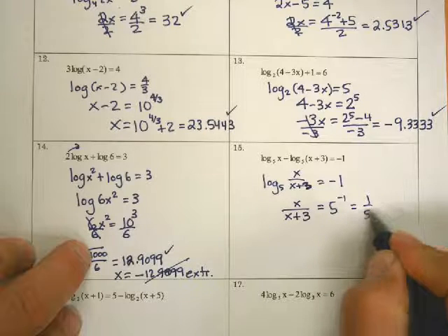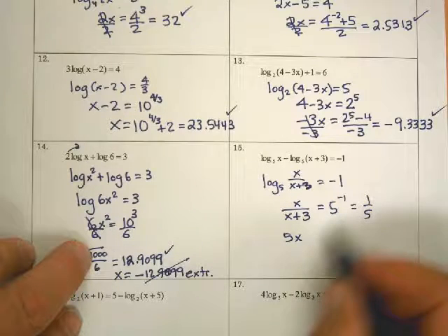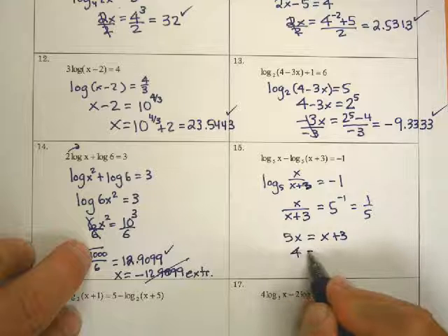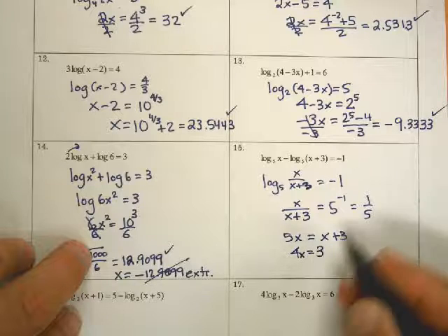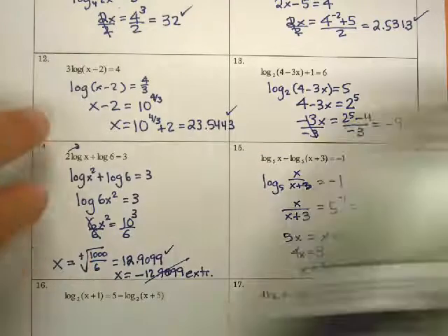And I'm going to cross multiply 5x that way, and x plus 3 times 1 the other way. So that's 4x equals 3. And that tells me that x has to be 3/4, or at least I think it is.